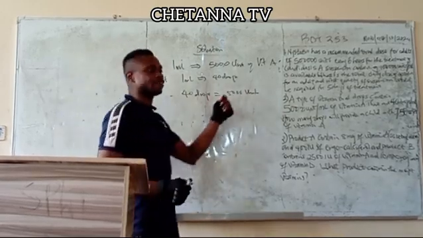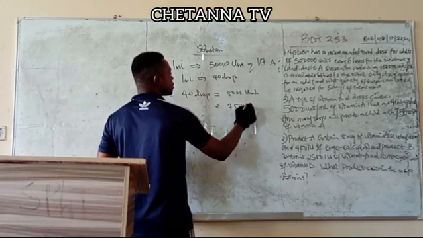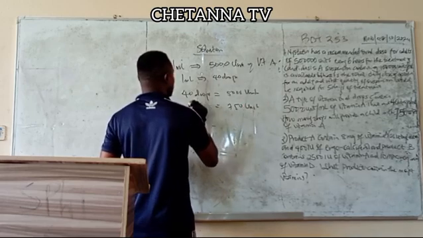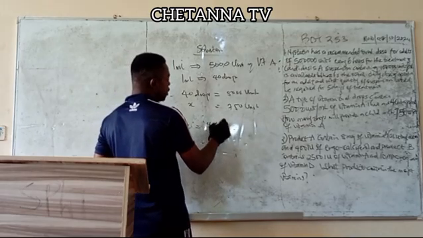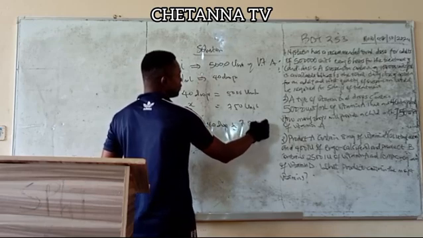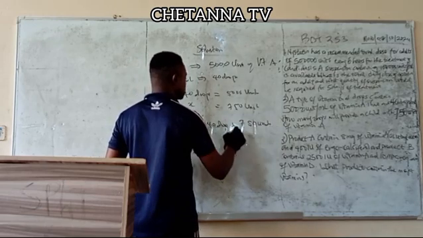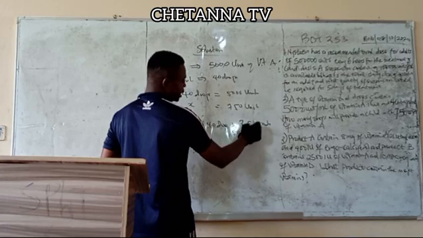If 40 drops is 5,000 units, 750 units will now be equal to what? X. X is now equal to 40 drops times 750 units over 5,000 units.